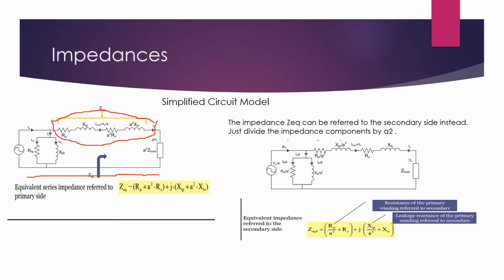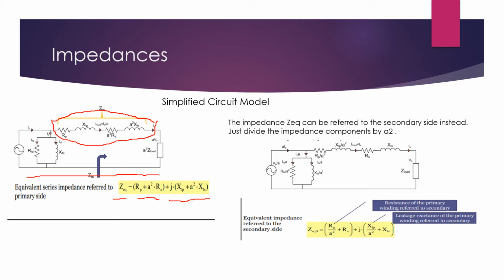With that, the formula is Z equivalent equals Rp plus A squared times Rs, plus j times Xp plus A squared times Xs.